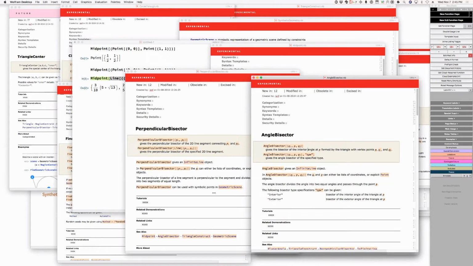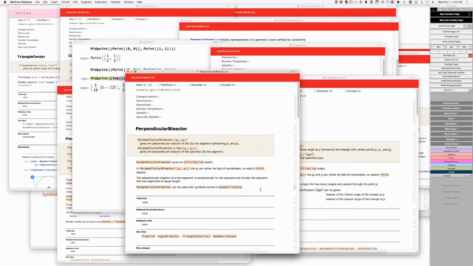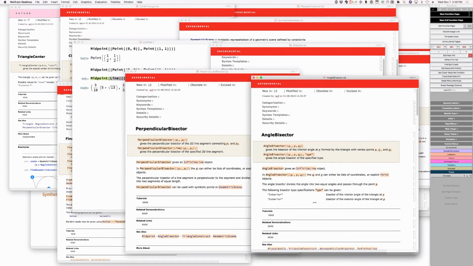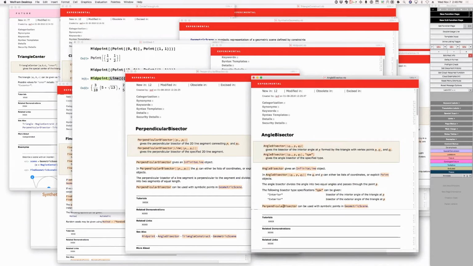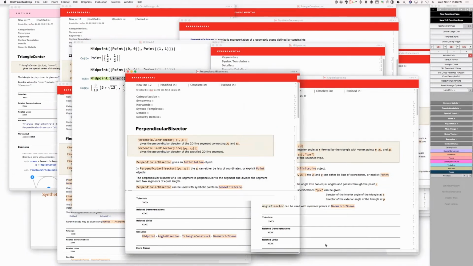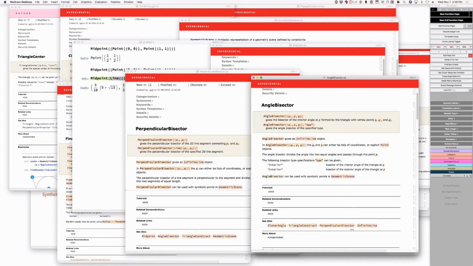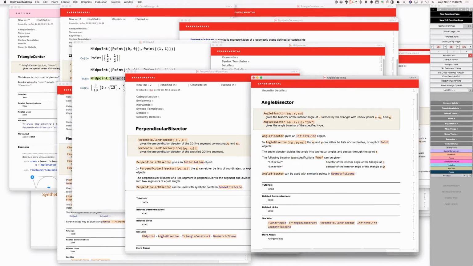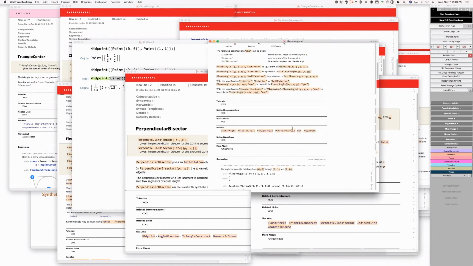Okay. Let's just check that this points back to angle bisector.